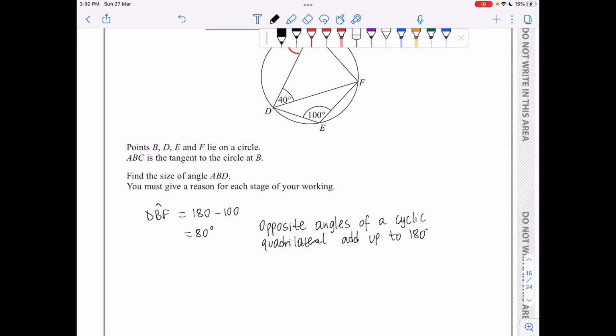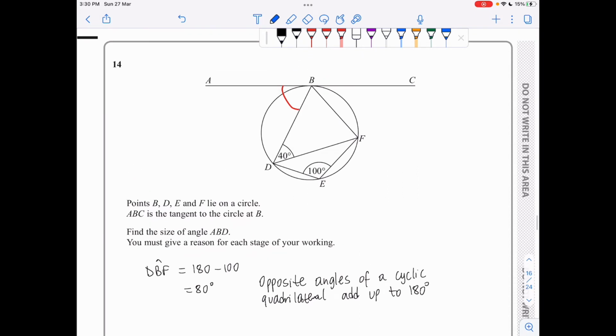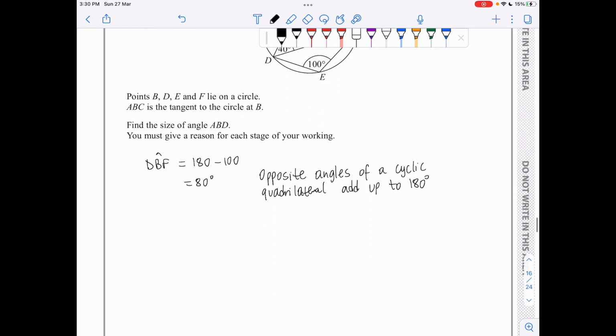And then I notice that now that I know the angle here is 80 degrees, I can go a step further and find this angle here, BFD, which is the third angle of the triangle. So BFD is 180 minus 80 plus 40, which is giving me an answer of 60. The reason is that angles in a triangle add up to 180 degrees.